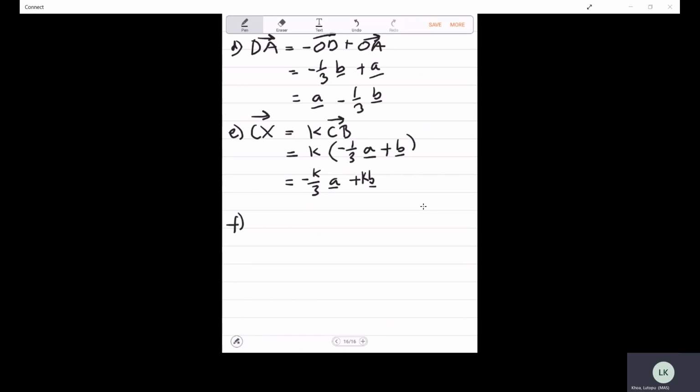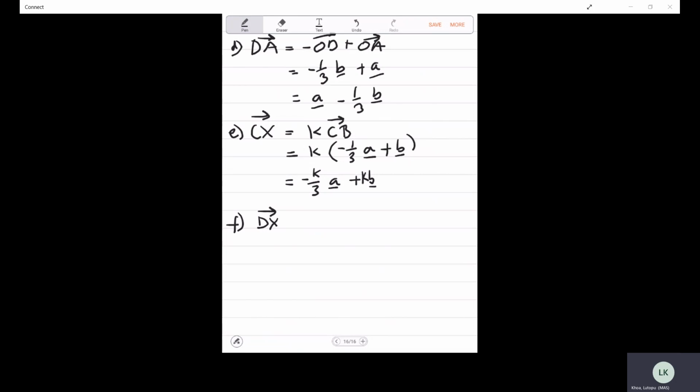Then F, I have to work out DX. Okay, DX from the question, we are told that DX is equal to H DA, and we worked out DA in question D, so we'll just substitute and replace.